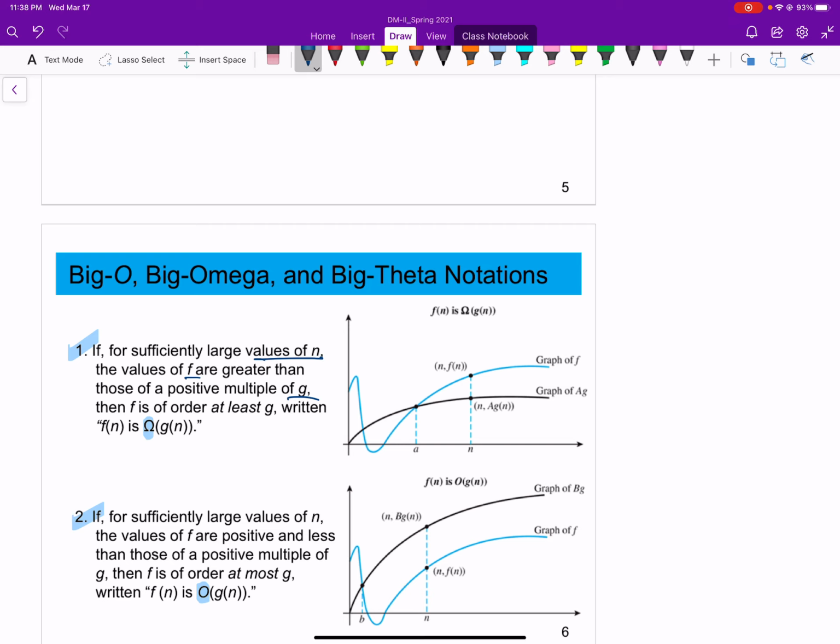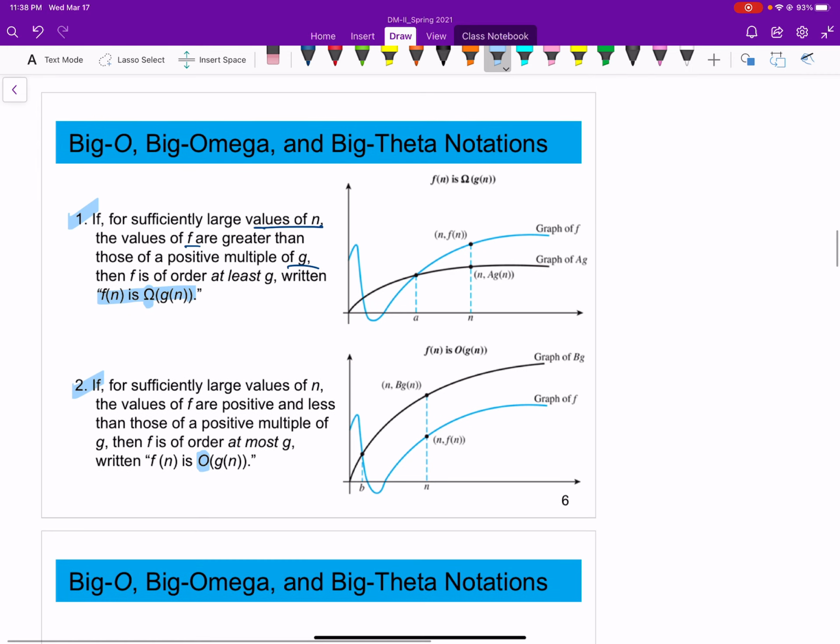And we write this as f(n) is omega of g(n). So f(n) is a function which is of order g(n). All right, so this is how you write the omega notation.